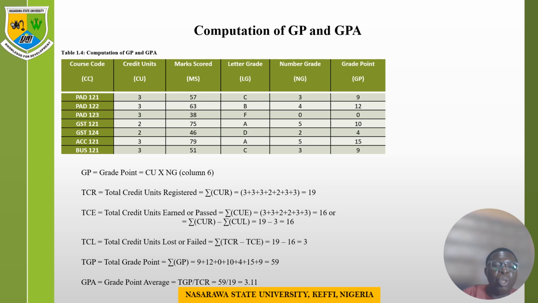The next thing you do is add the sum of your quality points, and you have 59, and you add the total credit unit, which is 19. If you divide 59 by 19, the student will score 3.11.